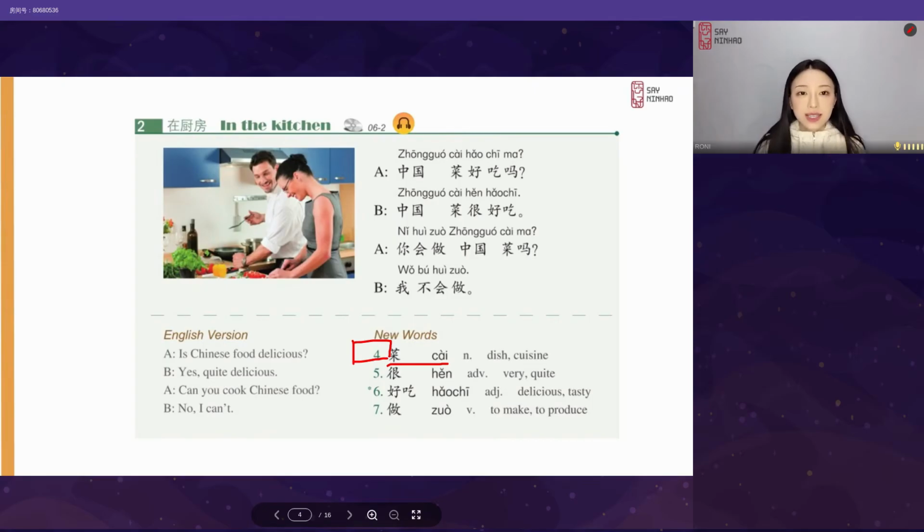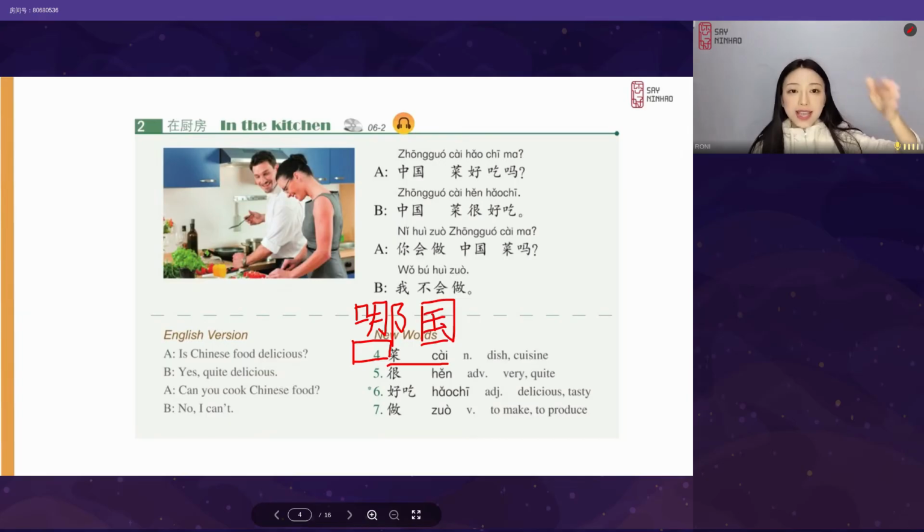Which country's dish? Still remember how to say which? We've learned it before. Which is 哪, okay, 哪, and country is 国. So which country's dish is actually 哪国菜, okay? 哪国菜.